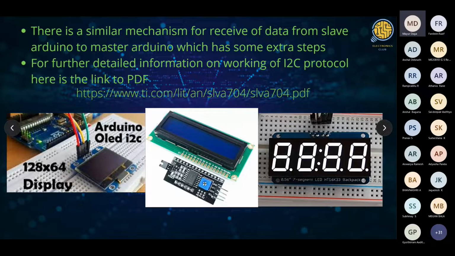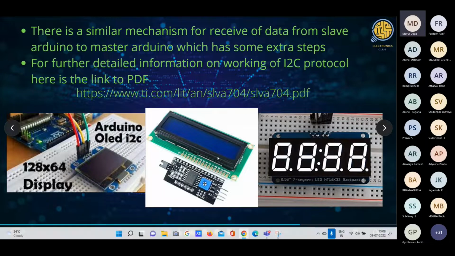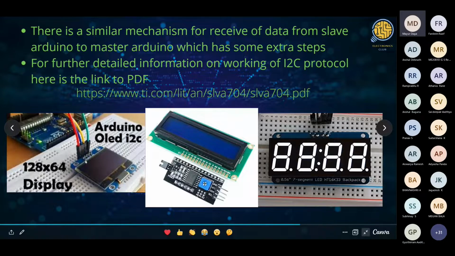You can see the SDA, SCL pins here. We'll also discuss this in a project further. Like an OLED display, which has many pins here, it is actually blurry, but it has many pins.